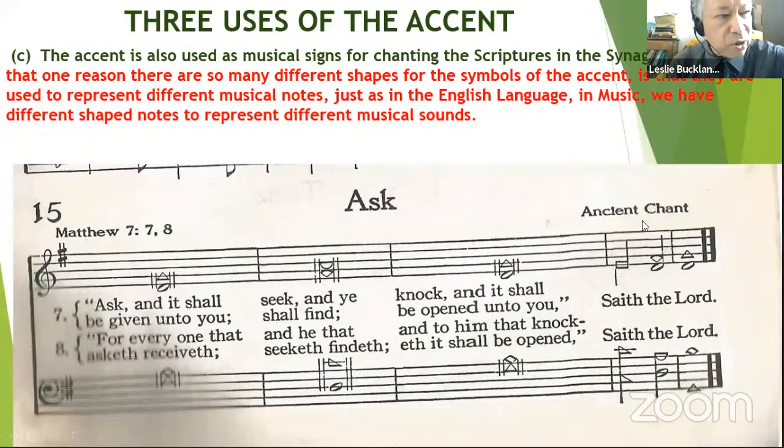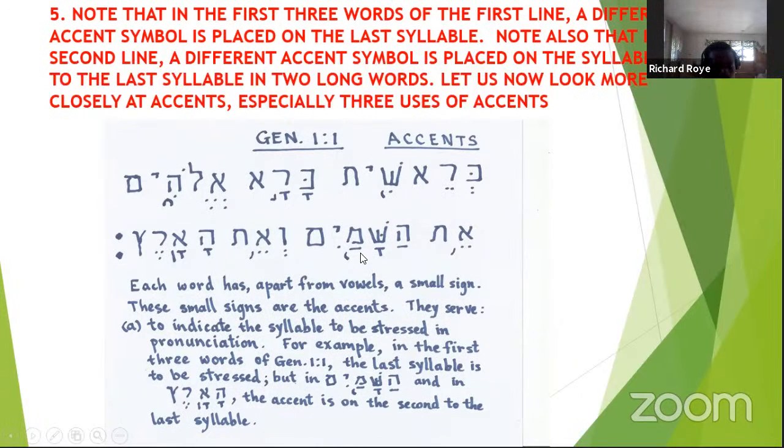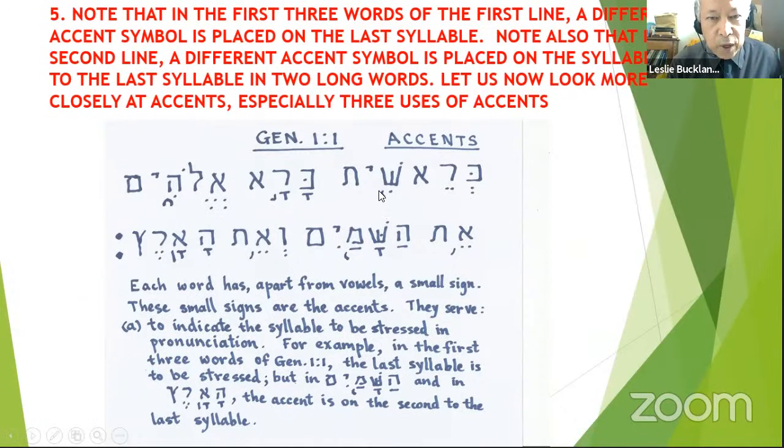So this is an ancient Christian chant. The early Christians used simple music and they called it chanting. And so in the Hebrew Bible, those different shaped notes that we see here also represent musical notes that the person who is leading the congregation in chanting will sing the scriptures.